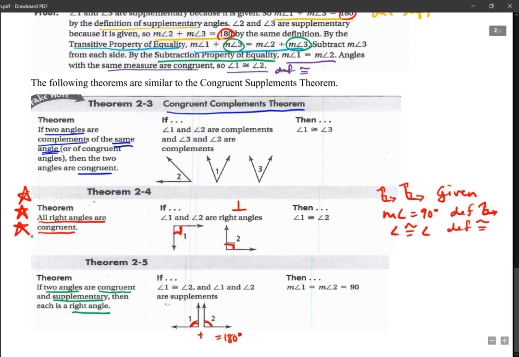And that's really easy to prove. This is another very simple proof. I have two angles and they're congruent. And so in math, if I don't know the measure, I call it x. And if I label this one x, what do I know about angle 2? Well, it's also x because they're congruent, and congruent means equal measure.